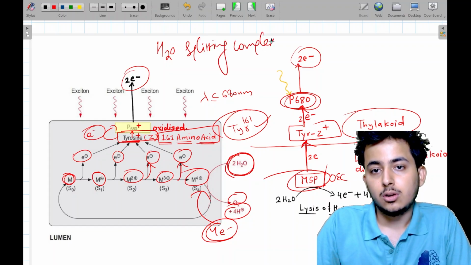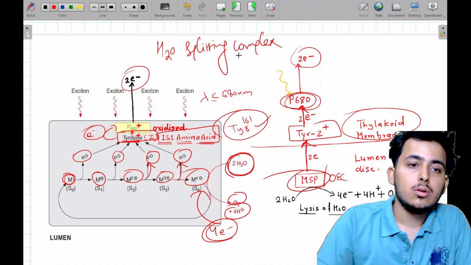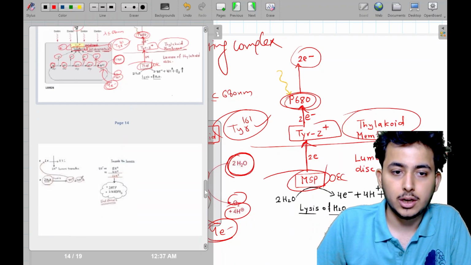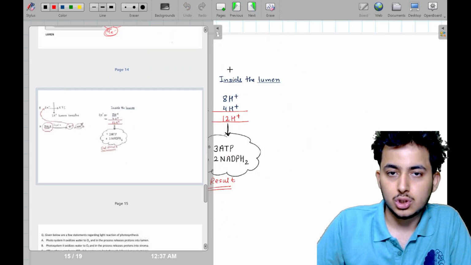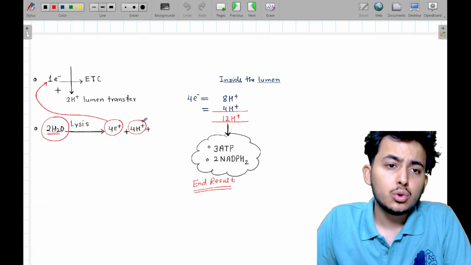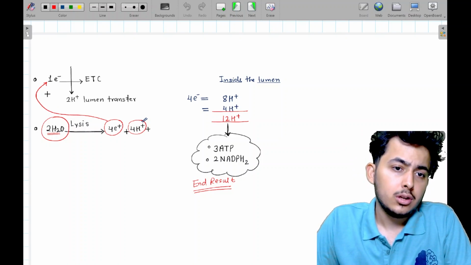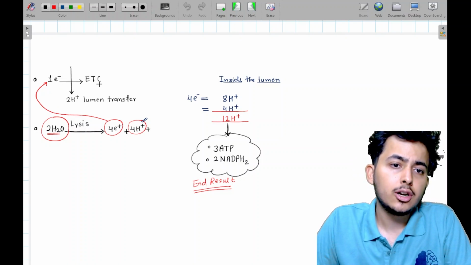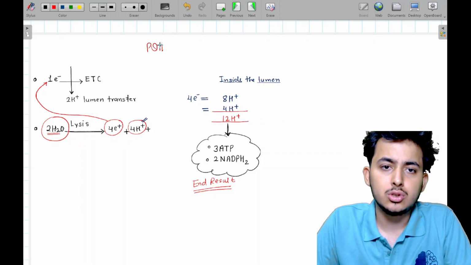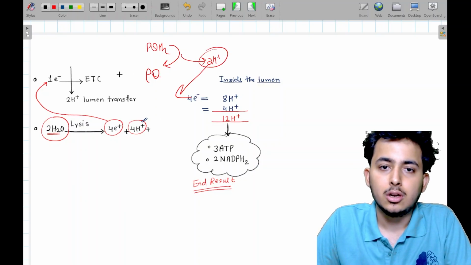Now I have to answer one of your questions, but before answering, let's see the calculation part of it. I told you that when one electron moves in the electron transport chain, as PQH2 is getting oxidized to PQ, it is pumping 2 protons into the lumen side.